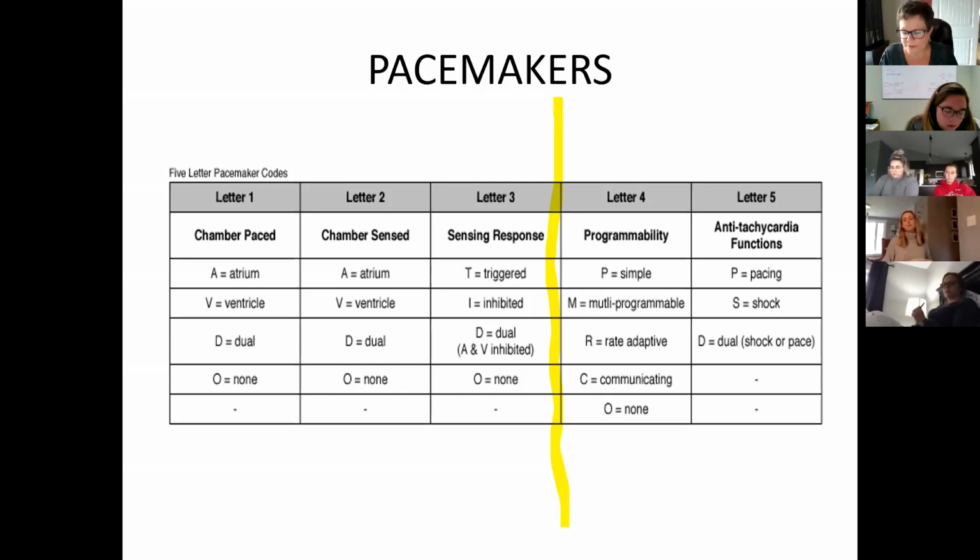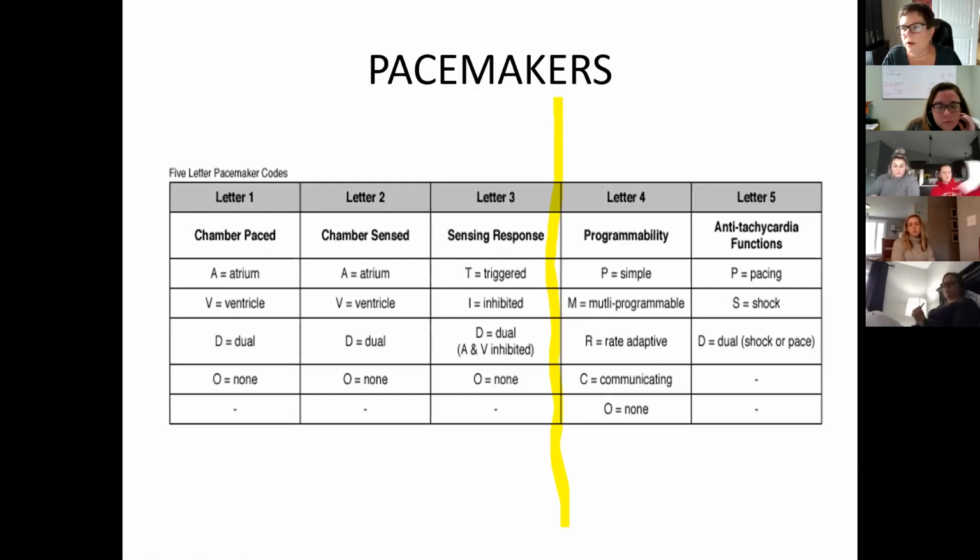And then if a device does not see, it cannot inhibit. So in the third position, you will either have an I for inhibit, a D, which means it inhibits in both the atrium and the ventricle, or an O, which means it doesn't inhibit.